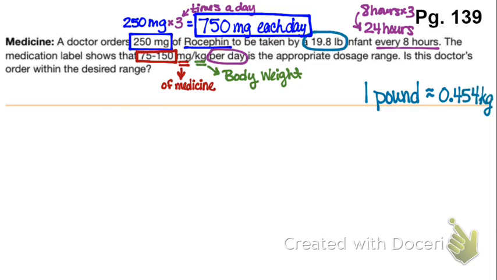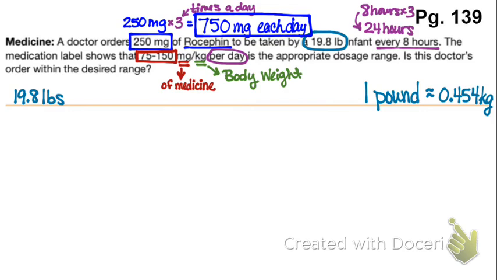This is an approximation, but it's close enough. So we want to talk about the baby's weight in kilograms. The baby is 19.8 pounds. That's what that LBS is. I can take this 1 pound equals 0.454 kilograms and set it up as a proportion either way, right?